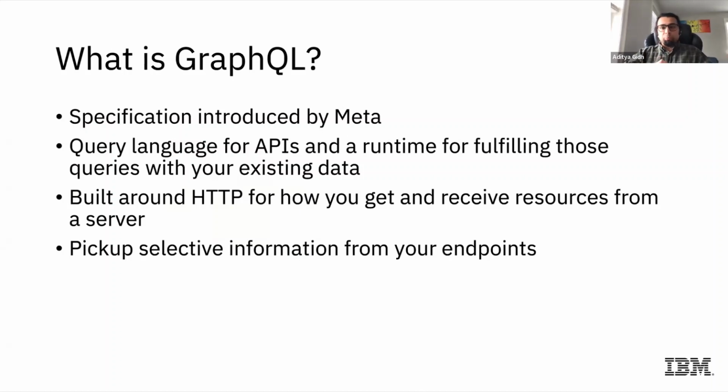To start with, GraphQL is gaining popularity and is deemed the successor to REST APIs. It's a specification which was introduced by Facebook, now called Meta, and it's a query language for APIs and a runtime for fulfilling those queries with your existing data. What we mean by that is GraphQL helps you solve the common challenges that developers face when you build REST APIs.